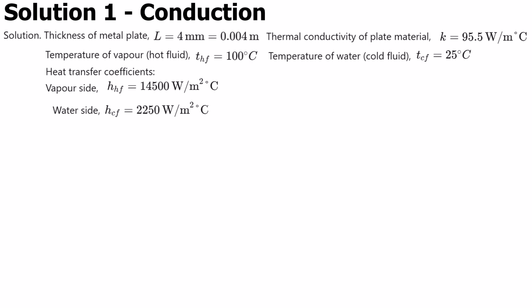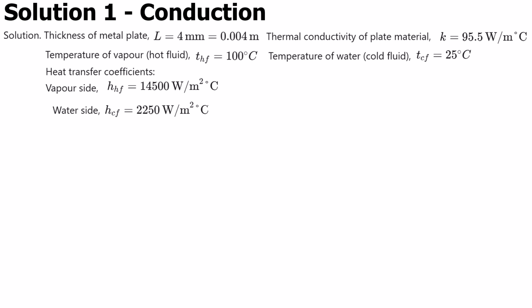Let's begin by listing the given parameters for our solution. The thickness of the metal plate, denoted as L, is 4 millimeters. The thermal conductivity of the plate material K is 95.5 watts per meter degree Celsius. The temperature of the hot fluid, vapor, is 100 degrees Celsius. The temperature of the cold fluid, the water, is 25 degrees.